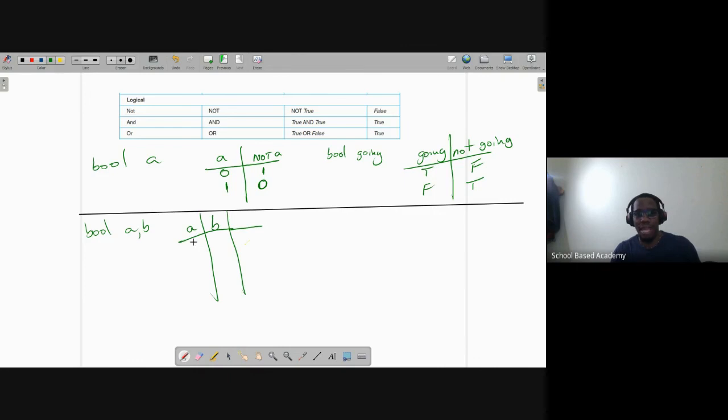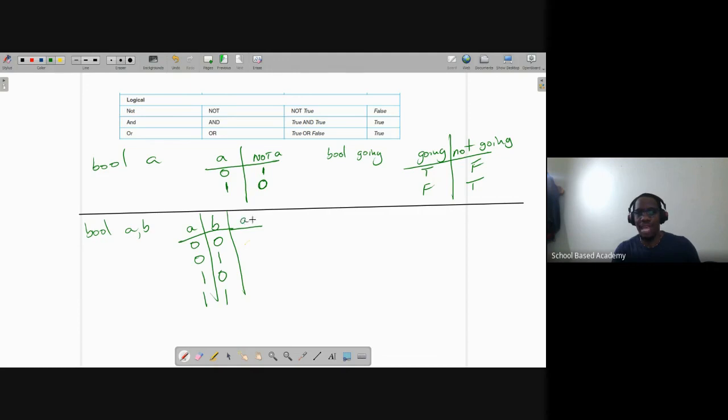A being 0, B being 0. A being 0, B being 1. A being 1, B being 0. A being 1, B being 1. This is all possible combinations of 1 and 0.